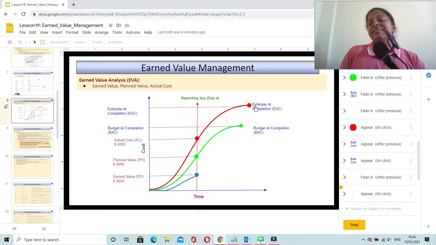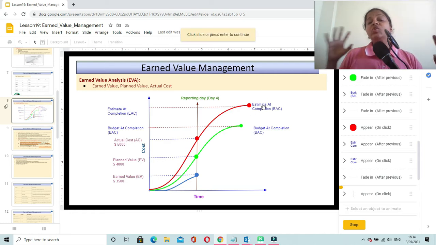And this estimate at completion is the actual total budget of your project. So here in our example, this is the planned total budget of our project and this is the actual total budget of your project, which is known as estimate at completion.